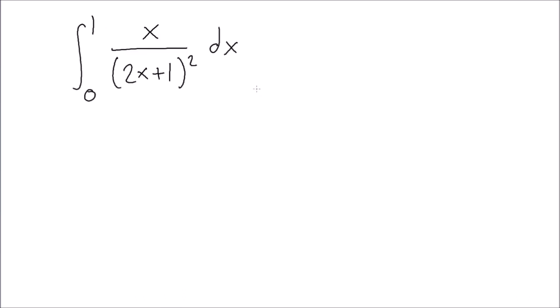For this one, let's see. This looks very weird. You might think of partial fractions, but this is a linear function. What we can do is a force u-substitution. So let u equal 2x plus 1. And then for x, note that x is equal to (u minus 1) over 2.